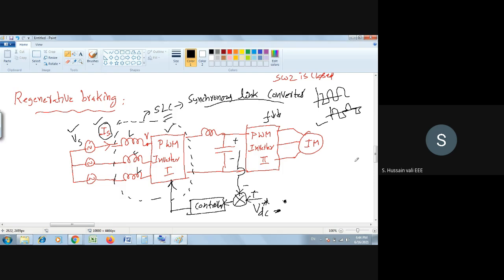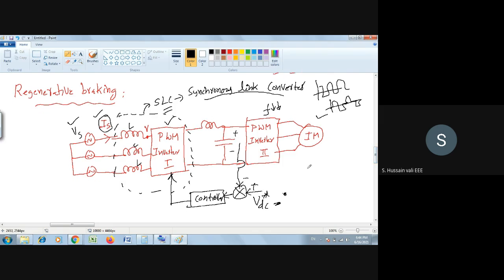Now see how you operate multi-quadrant operation. The other topic is multi-quadrant operation, which means you will operate in all four quadrants. This is torque, this is speed, minus T, minus omega. How do you do that?